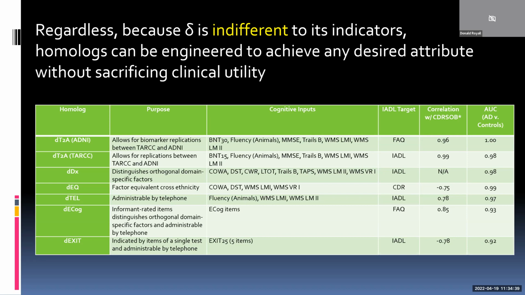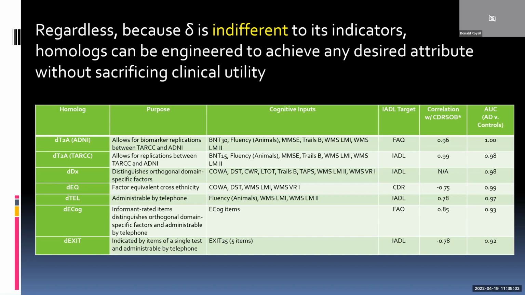DEQ is engineered to be factor equivalent across ethnicities. TARC is an ethnically diverse cohort. About a third of its participants are Mexican American. I need to be sure that a D score in a Mexican American is comparable in its dementia severity to the D score in an Anglo, taking the test possibly in different languages.